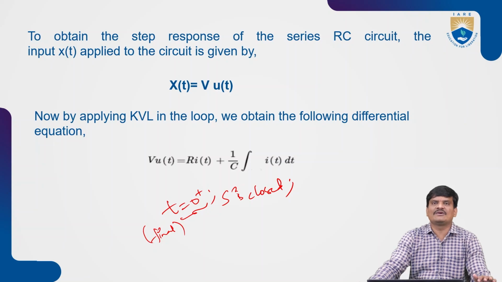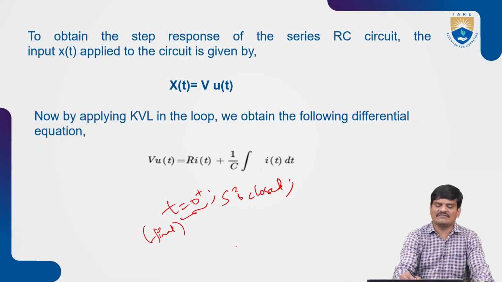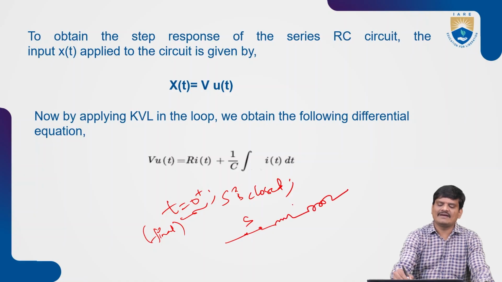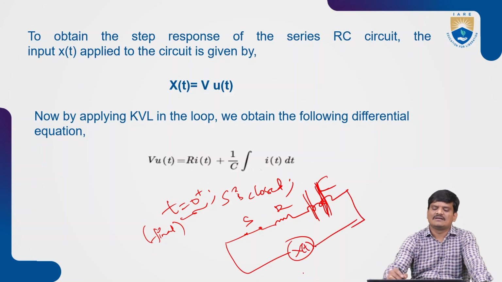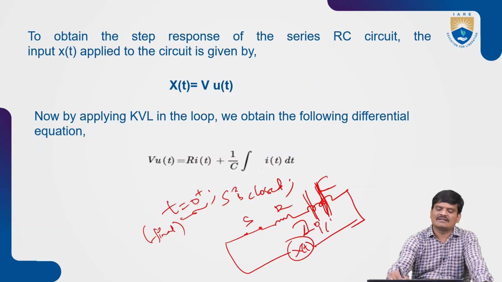That is, I am analyzing the behavior of the circuit after the switch has been closed, and the representation of the circuit when the switch S is closed is like this. We have an element R, and an element C. I am giving a step pulse as an input. Let me indicate that as x of t, and let me calculate the value of current.